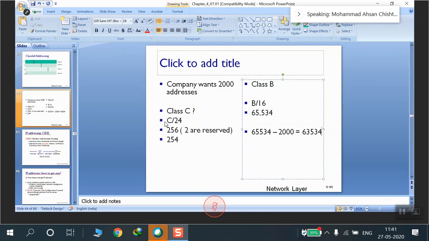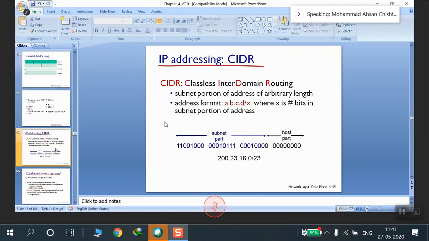Because of this problem, in 1993, the IETF standardized on classless addressing known as CIDR, classless interdomain routing. Till now we have been studying classful. Now we have classless interdomain routing, which says that the network portion of the address can be of any length.